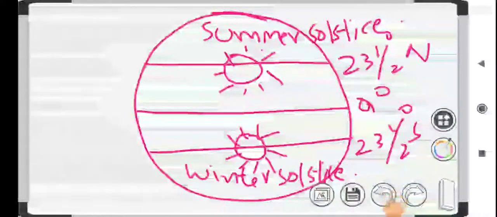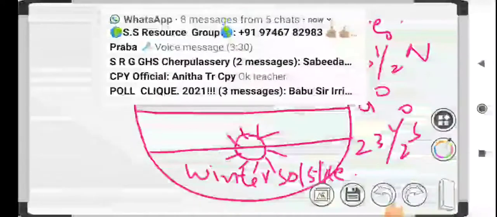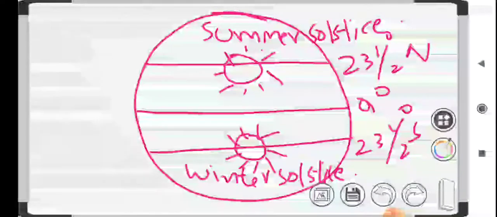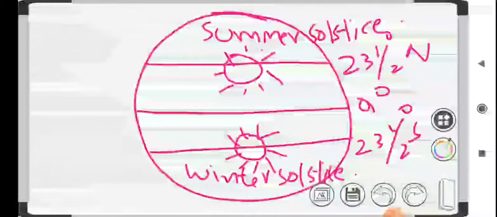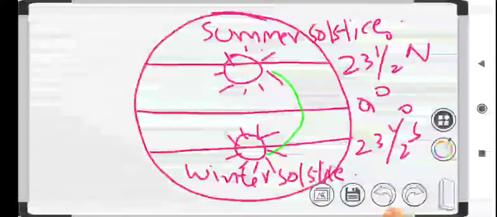Now we have to discuss 2 more topics. It's very easy. Okay. Now listen. Following the winter solstice, the sun starts its northward apparent movement from Tropic of Capricorn to Tropic of Cancer.